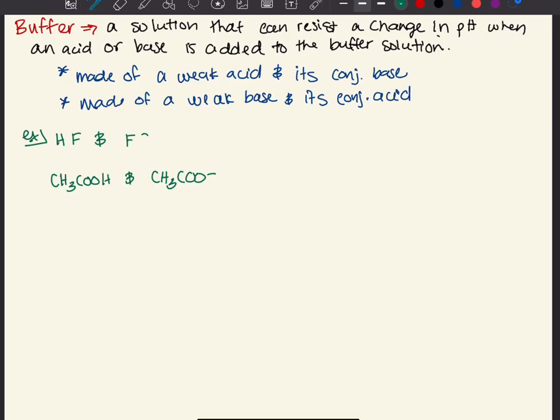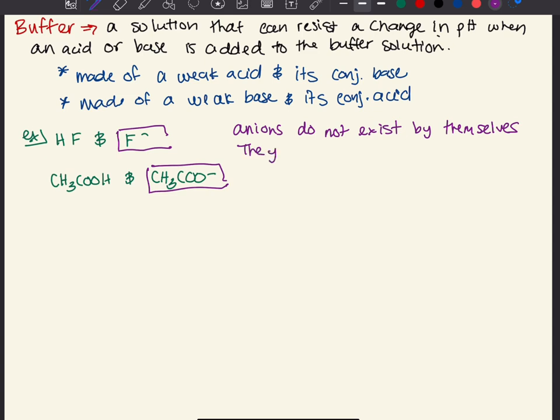Now, something that can be really difficult for people is that ions do not exist by themselves. So I cannot go and find fluoride in the stockroom. I cannot go and find acetate in the stockroom. So these anions do not exist by themselves.